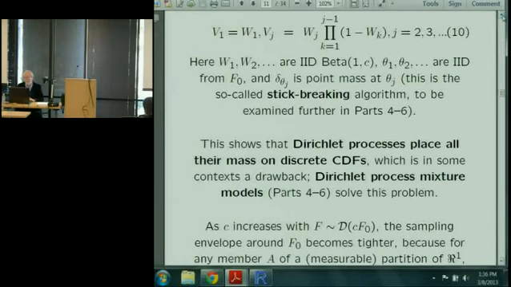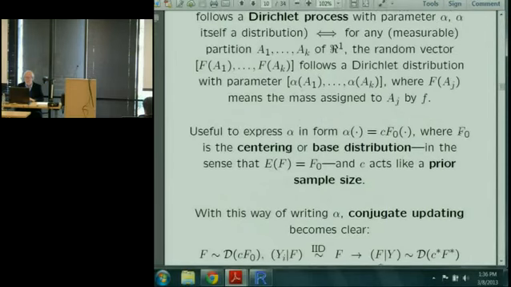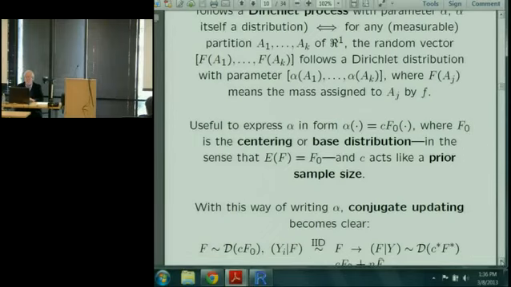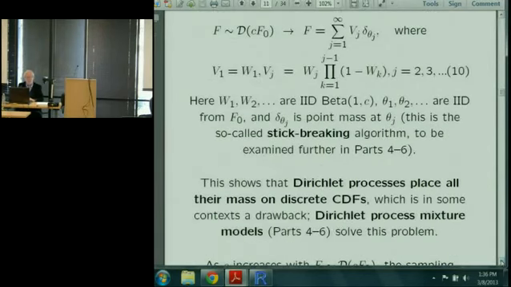So far, all I've told you is about what happens when F0 is some distribution that's completely known. But later on, when we start fitting these models to actual data, we're going to want to have the centering distribution be, for example, a normal distribution with unknown mean and unknown variance. And we're going to have to mix over the fact that we don't know the mu and the sigma squared. And so that's going to force the kind of mixing that we're interested in, which is going to make the resulting draws from the posterior for the Dirichlet process be as close to a continuous story as you may want. That's going to actually work.